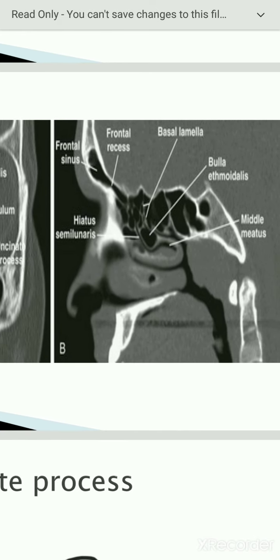On the sagittal section, we can easily appreciate drainage of the frontal sinus through frontal recess. There is basal lamina, bulla ethmoidalis, and middle meatus.